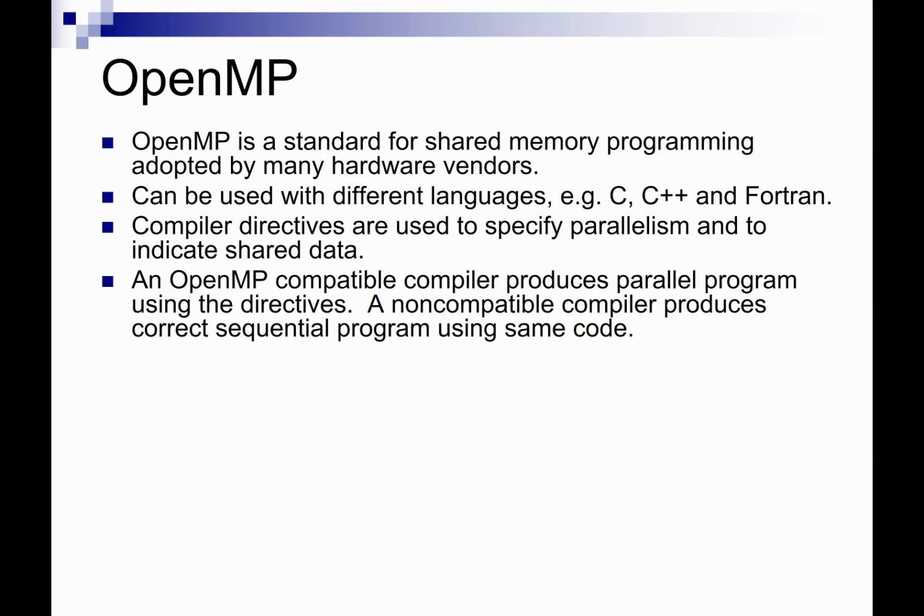The nice thing about just using these compiler directives is that if you write an OpenMP program with these directives and you give it to an OpenMP compatible compiler, then of course that compiler is going to spit out some parallel code, code that can run in parallel. But you can also take these OpenMP programs with the compiler directives, and if you give it to a normal sequential compiler that doesn't know anything about OpenMP, then that program can still compile.